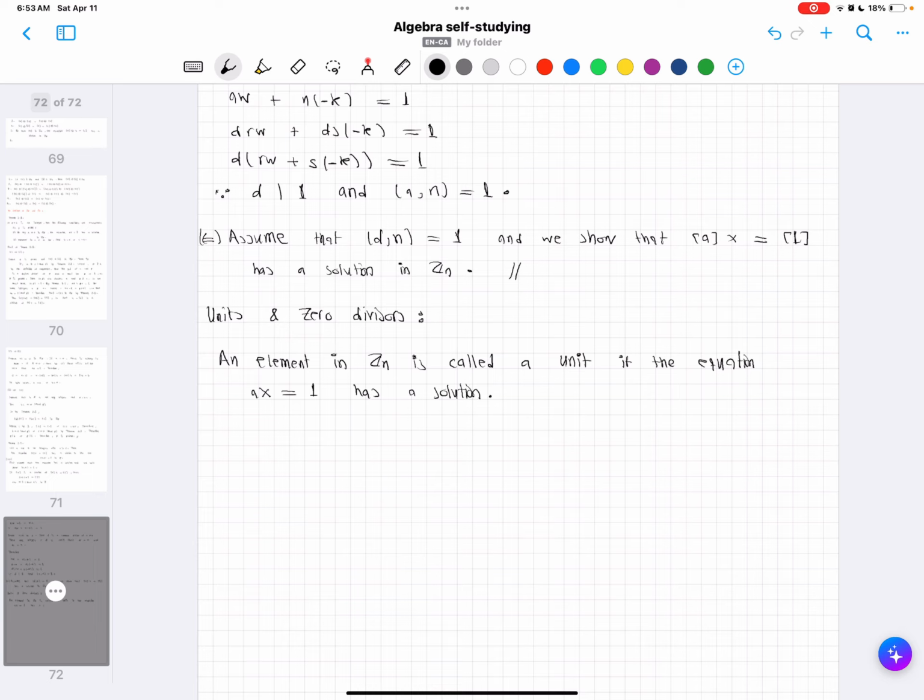That means that there is an element b such that a times b is equal to 1. In this case we say that b is the inverse of a.